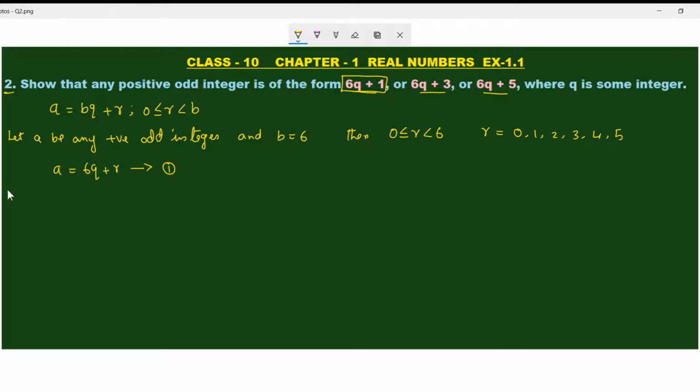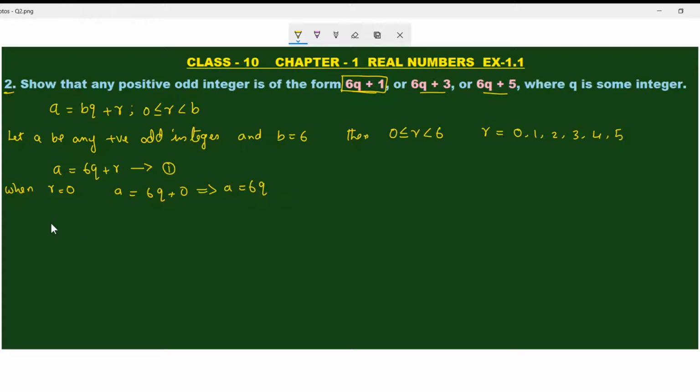First we are going to substitute R values one by one in this equation. When R is equal to 0, A is equal to 6q plus 0, which is A equal to 6q.